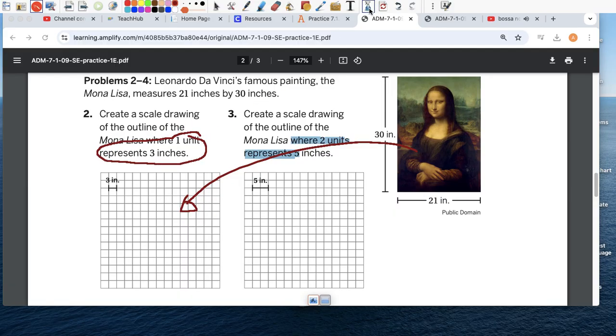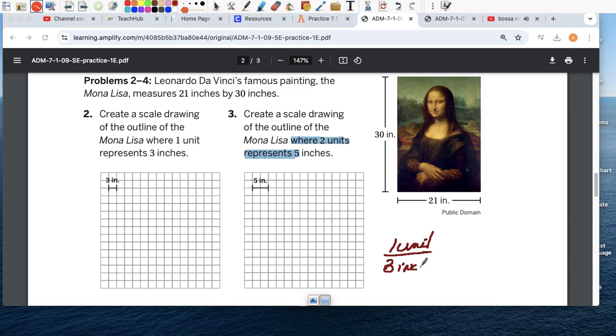Okay, so using that scale, let me work that here. It says that 1 unit is 3 inches. We can now figure this one out. How am I going to represent 30 inches? How many units will it take to represent 30 inches? Well, units on top, inches at the bottom. I put 30 inches at the bottom, x over here, cross multiply, we get 3x equals 30.